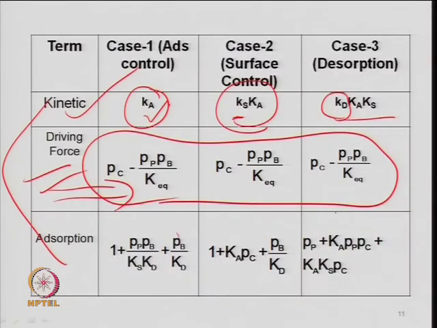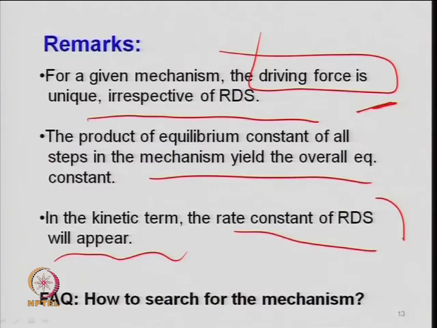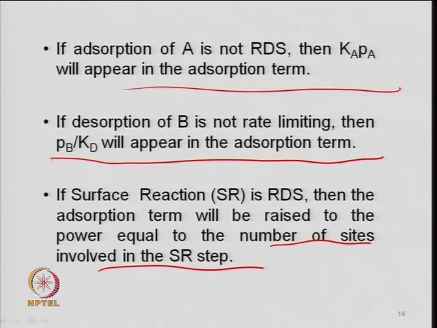That is the meaning of this term: in the kinetic term, if the surface reaction is the rate determining step, then the adsorption term will be raised to the power equal to the number of sites involved in the surface reaction step. So, A plus B, if I write a dual site mechanism, then also the power will come as 2.